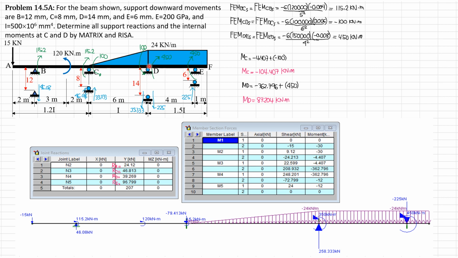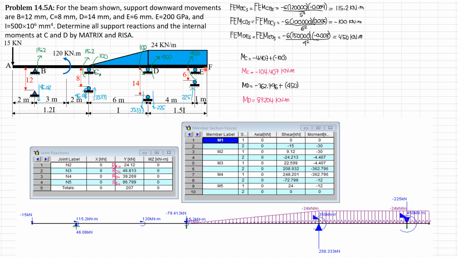Then for portion CD, this 33.33 kilonewtons is upward by summing up moments about D. So fixed force CD times 6 equals 100 plus 100. So you'll get 33.33 kilonewtons upward. Then since this fixed force is due to these couples, the reaction here should be opposite to that, so 33.333 kilonewtons downward.